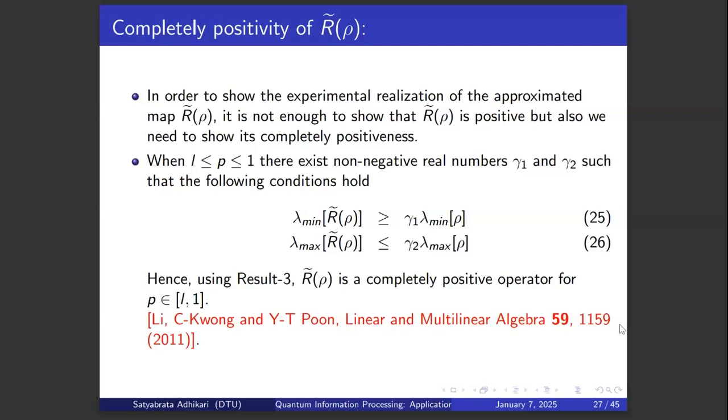We have used this result to show that R tilde rho is completely positive. So equations 25 and 26 give the condition for which we can say that this structural physical approximation of the realignment operation is a completely positive operator.